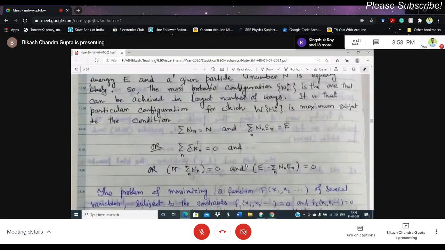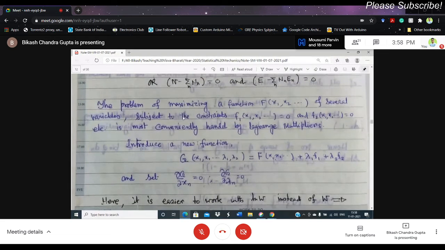But in this case, at the same time, we have to satisfy these two equations, and therefore we have to touch upon the maximization of a function f, say, which is a function of x1, x2, and so on, of several variables, subject to the condition, say, f1 as a function of x1, x2 equals 0, and another function, say f2 of x1, x2 equals 0.